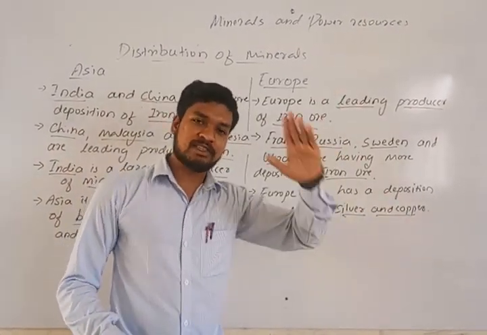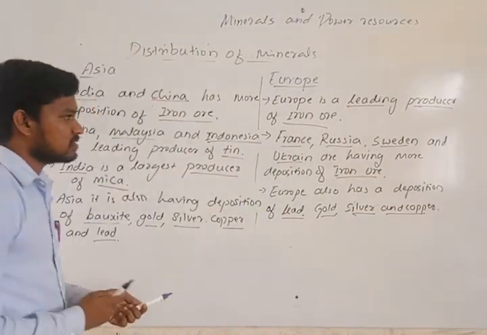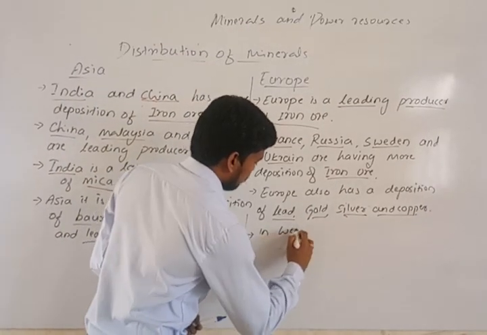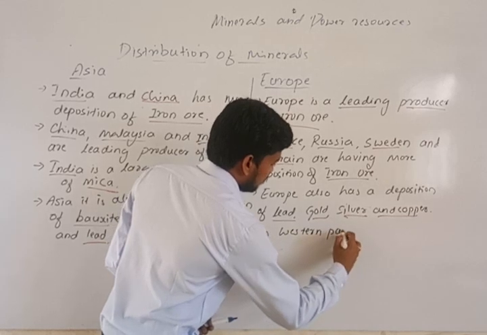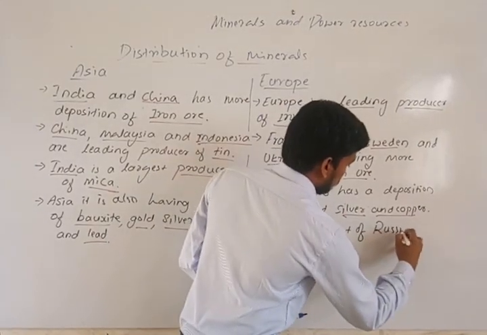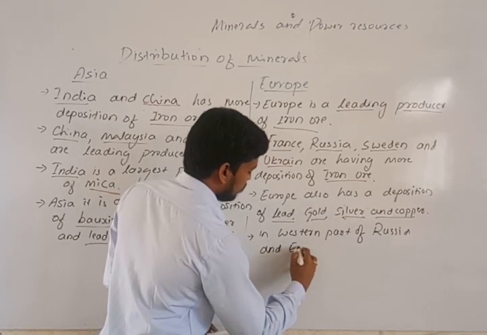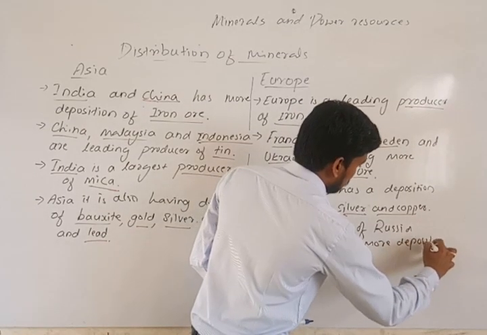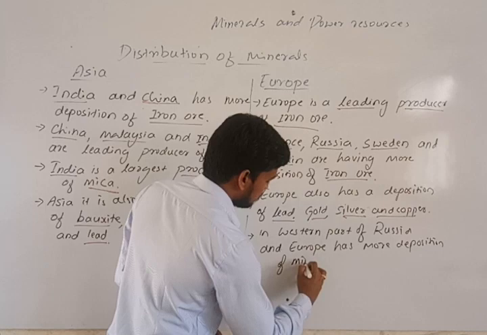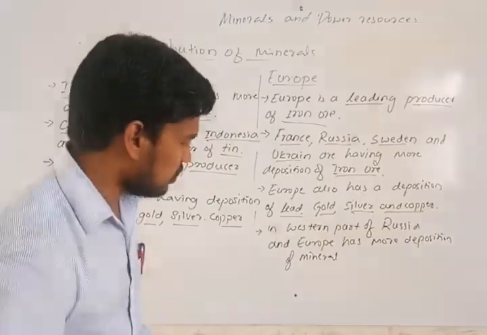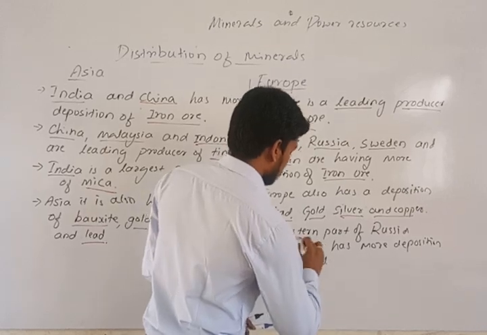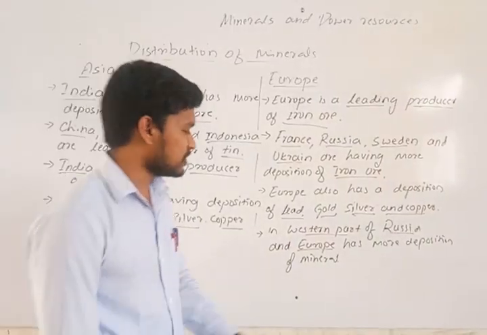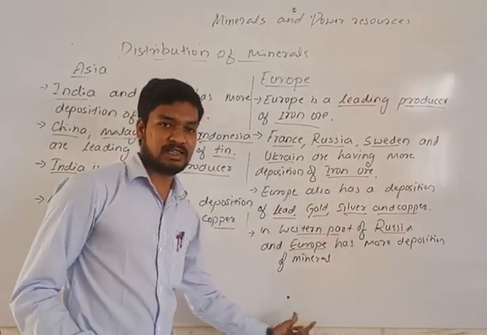In the western part of Europe and the western part of Russia, they also have some deposition of copper. Among all the countries in Europe, the western part of Russia and the western part of Europe have more deposition of minerals. All these countries come under this western part.